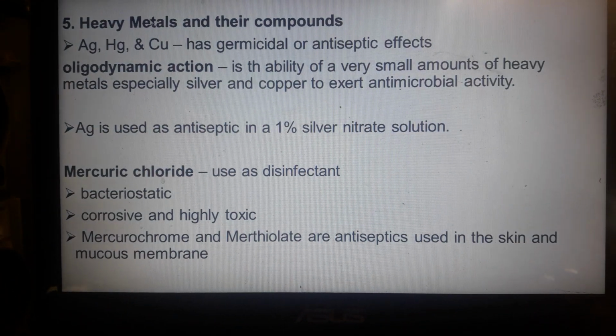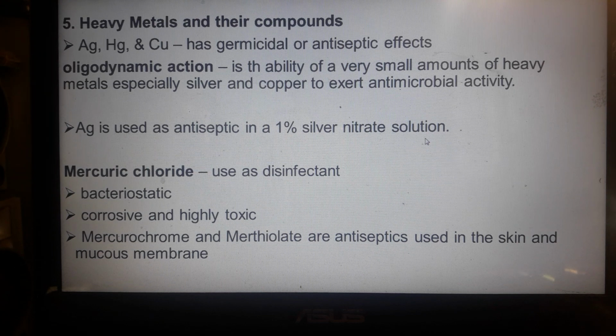Okay, so we have heavy metals and their compounds. Silver, mercury, copper have germicidal or antiseptic effects. The oligodynamic action, meaning this is the ability of very small amounts of heavy metals, especially silver and copper, to exert antimicrobial activity. Okay, yung silver is used as antiseptic in 1% silver nitrate solution.